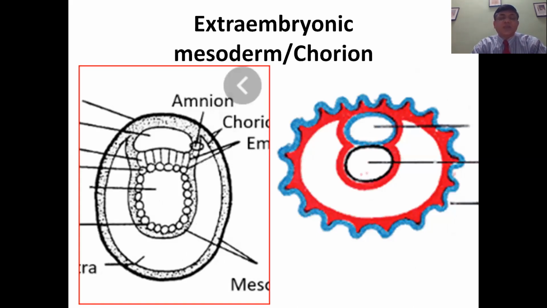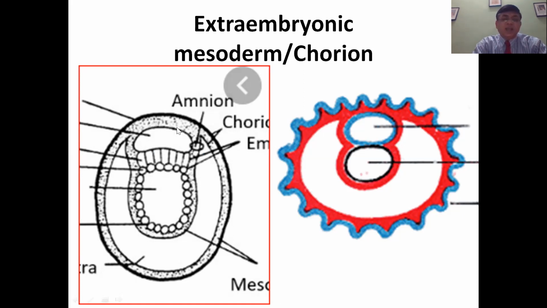Now we have to understand few terminologies like extraembryonic mesoderm or the chorion. Now look at the figure on your left hand side. I hope you appreciate the marker moving there. This is the embryo developing here. So this embryo has different layers. As you know, it has ectoderm, mesoderm, and endoderm.